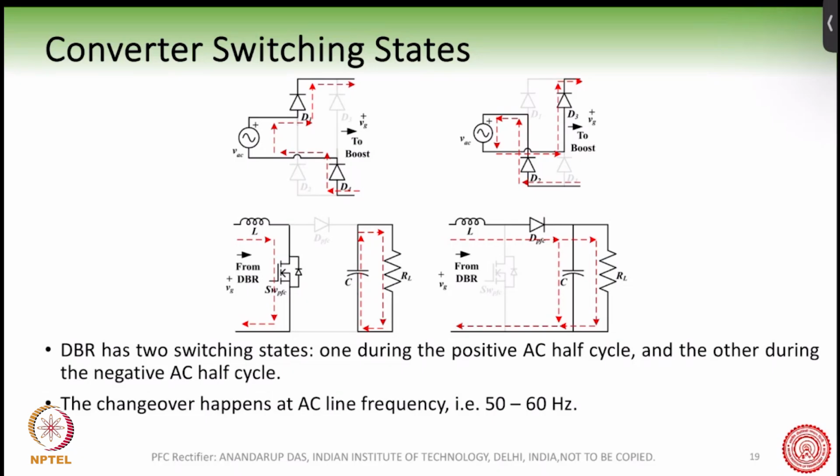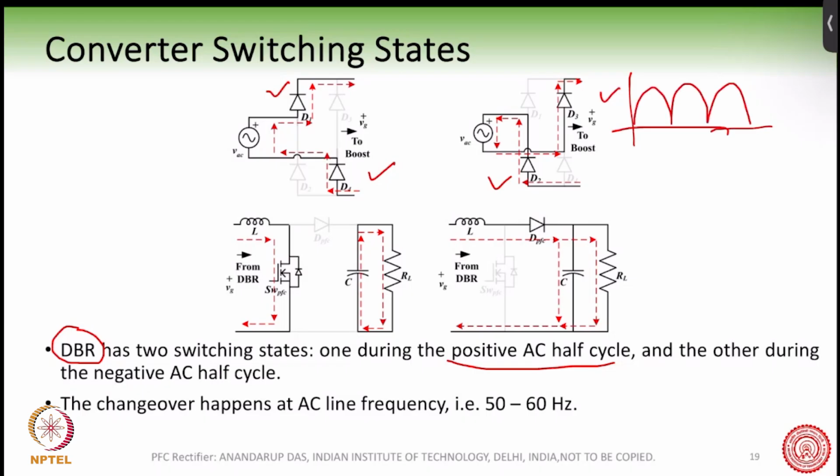The diode bridge rectifier has two switching states. In the positive AC half cycle, D1 and D4 are conducting, whereas in the negative half cycle, D3 and D2 are conducting. That is what makes this output voltage something like this.